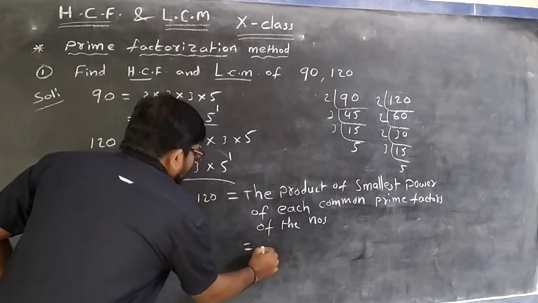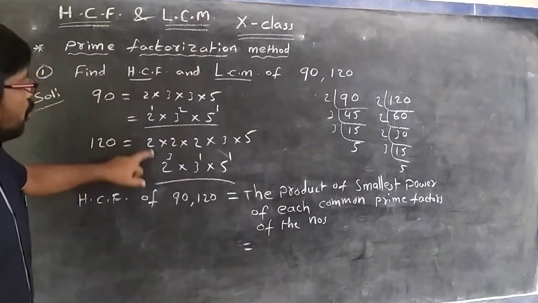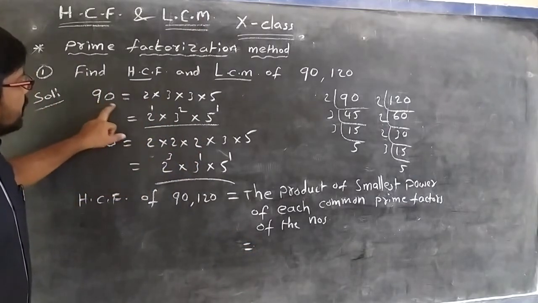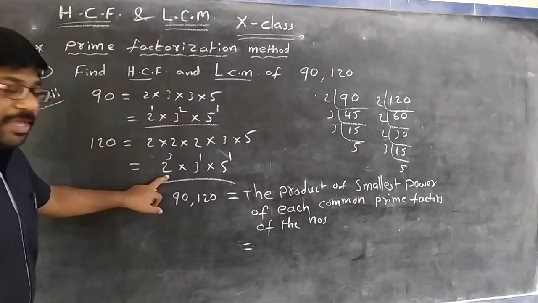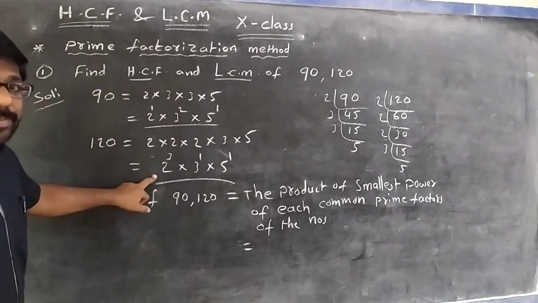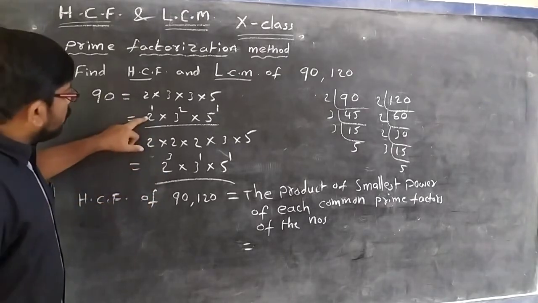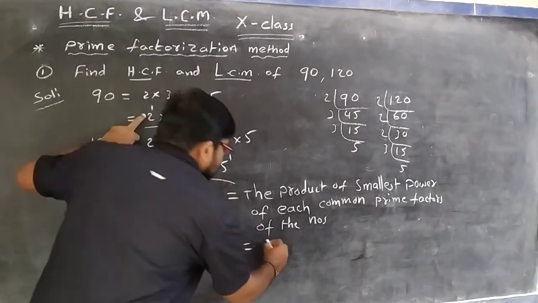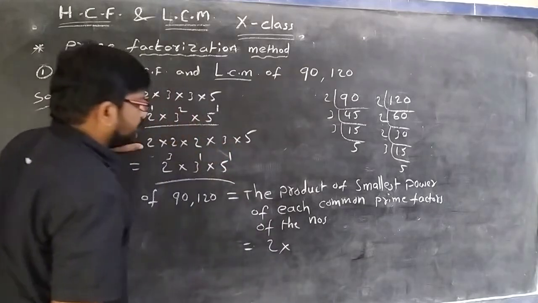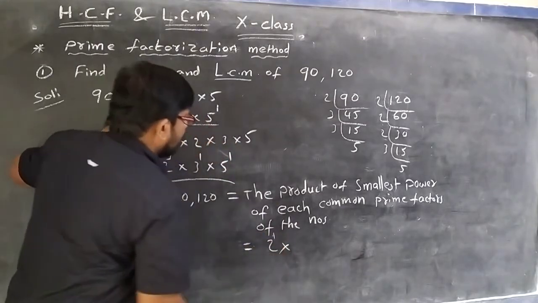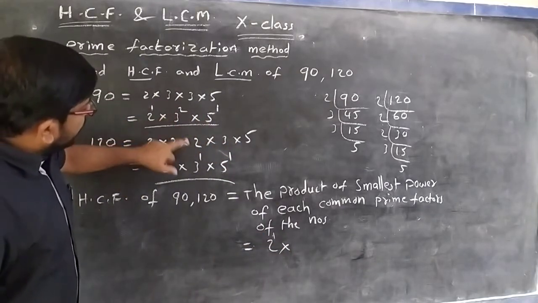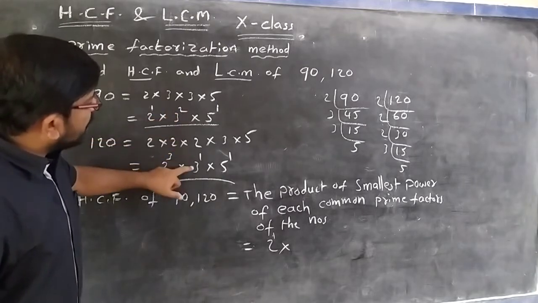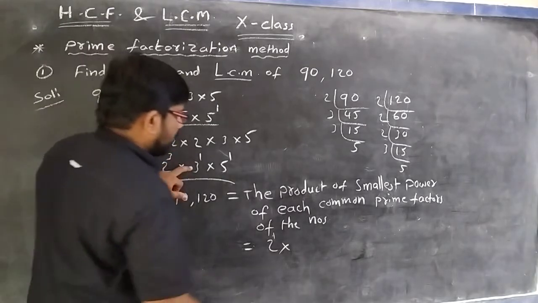So here, 90 and 120, in both the smallest power of the common factors. 2 is common, and the smallest power is 2 power 1. Next, 3 is common, and the smallest power is 3 power 1.